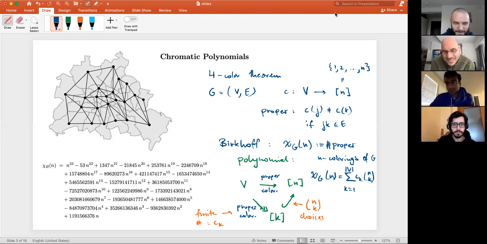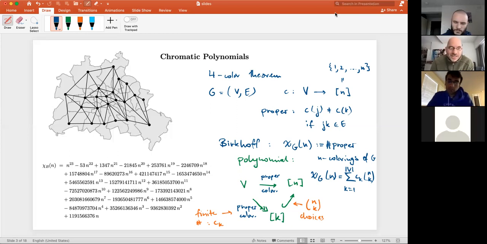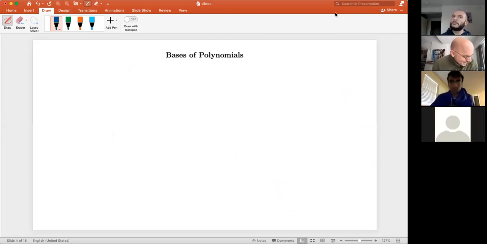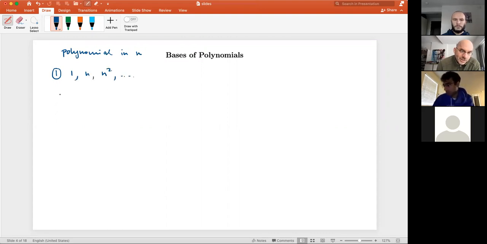Okay, so this is suggesting something, and that is, if we look at polynomials in combinatorics, there are different bases that we might be interested in. I want to think about polynomials in the variable N. Of course, there's the standard basis in terms of monomials.